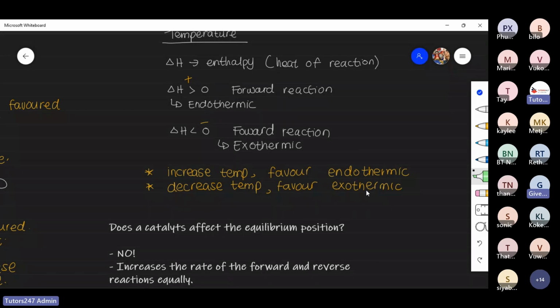You ask yourself, if I'm feeling hot, do I want to increase the temperature or decrease the temperature? And what type of reaction increases or decreases the temperature? That's all you're doing, okay? So I'll make a note of it for those that are not sure what the words mean. Endothermic, that reaction absorbs energy.